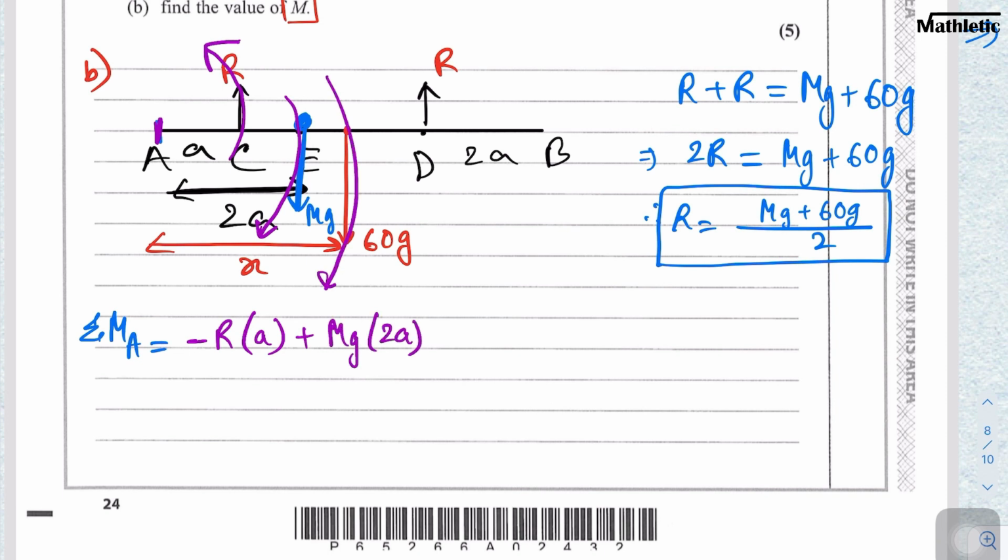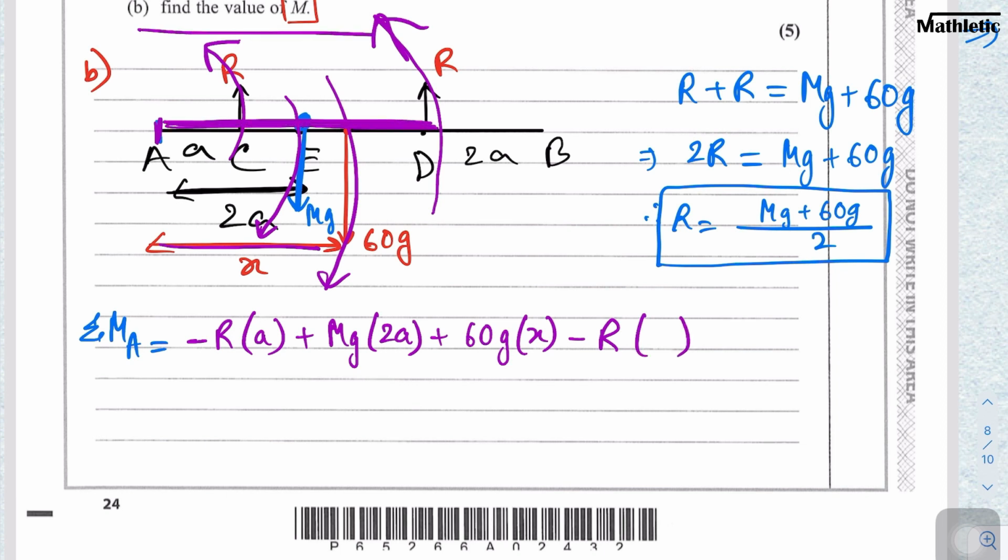The 60g is also a clockwise moment, 60g into distance x. Then at D the reaction force is anti-clockwise, so minus R into the distance AD. Total distance was 8a, so if you deduct 2a, then you get AD as 6a.